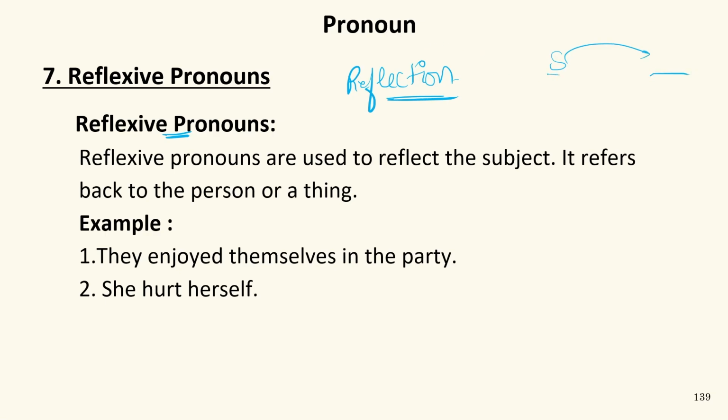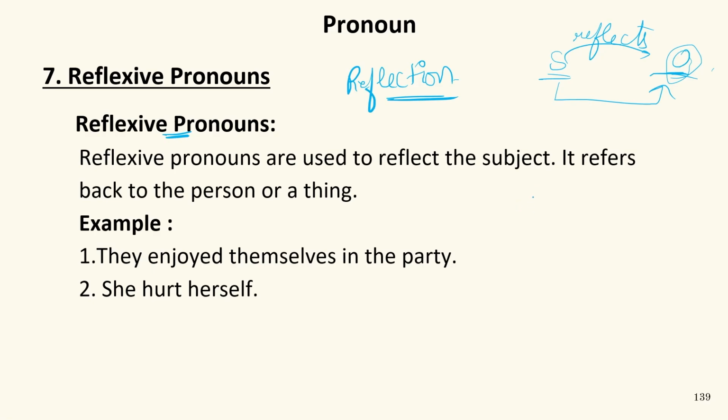When the subject reflects itself in place of the object, that is called a reflexive pronoun. It means we don't have any other person in the object. In fact, we have the same subject over here as well. So this is called a reflexive pronoun.